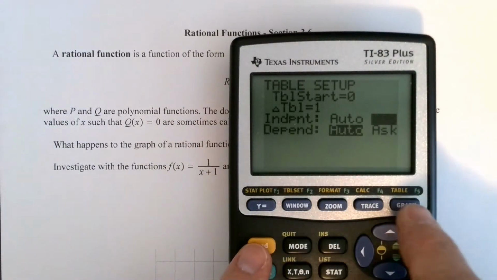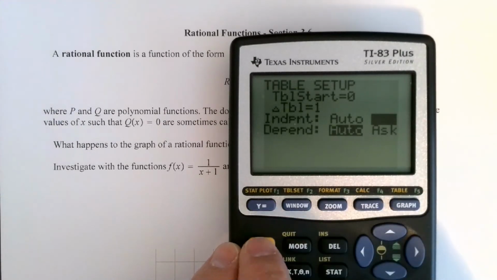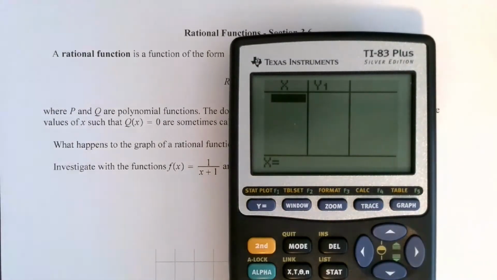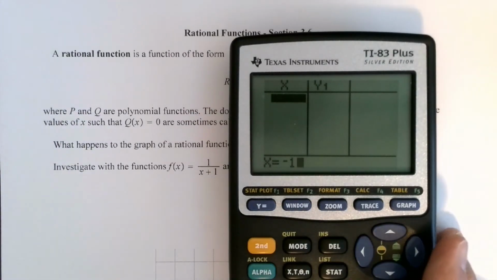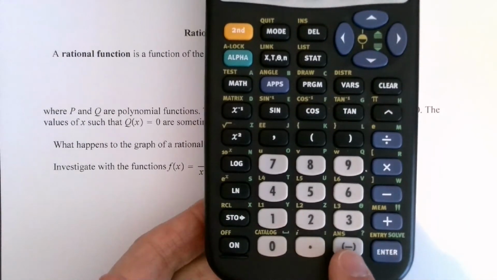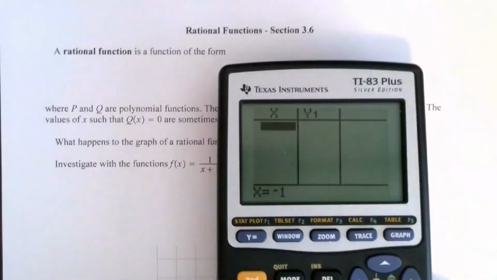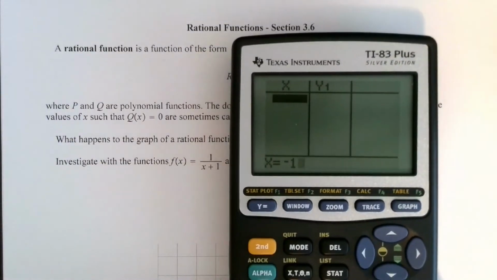So let's go to the table now. I'm going to do second and hit the graph button, second graph or table. And now I can plug in values of x. Of course, if I plug in -1, and again, make sure when you're plugging in negative numbers, you use the negative key, don't use subtraction, right? -1. And if I enter that in, what's going to happen?